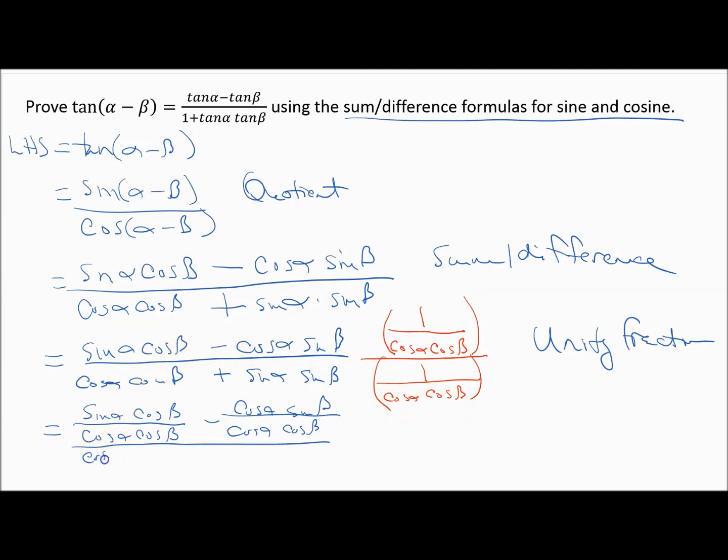This is going to be cosine of alpha cosine of beta over the same thing, cosine of alpha cosine of beta, and then plus sine of alpha sine of beta over cosine of alpha cosine of beta.